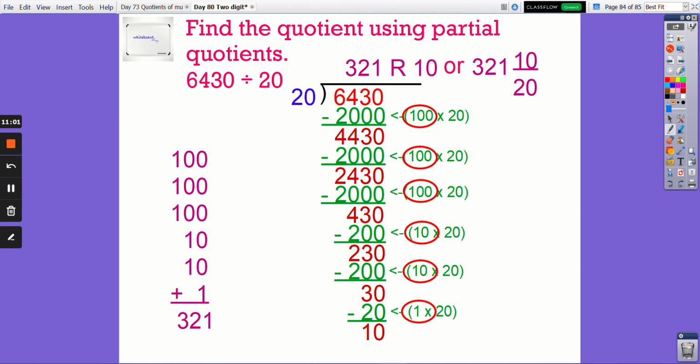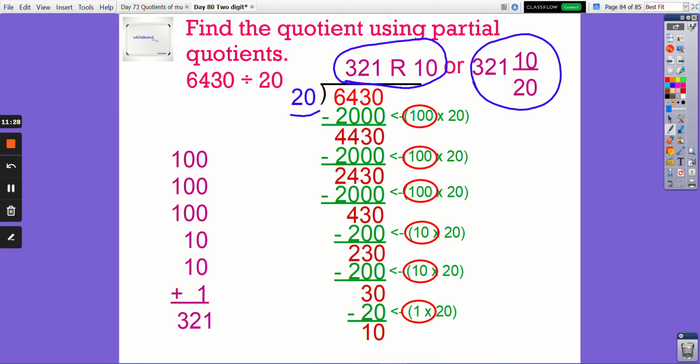Okay, here we go. So hopefully you got 321 remainder 10 or 321 and 10 20ths. So easy numbers, we could pull out 2,000, 2,000 again, 2,000 again. Then we can pull out 200 and 20. And we are left with 10.